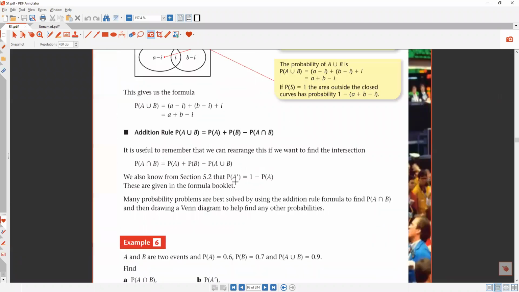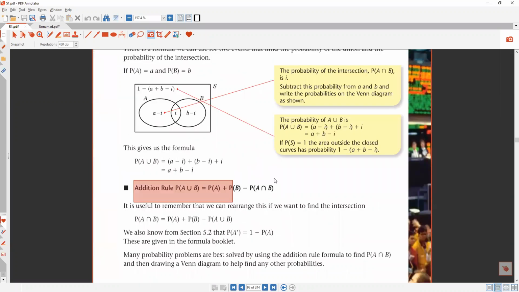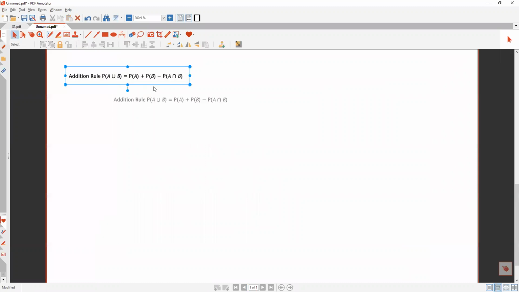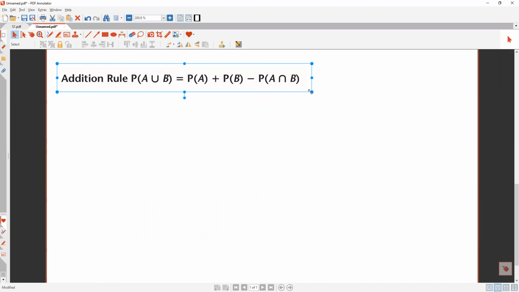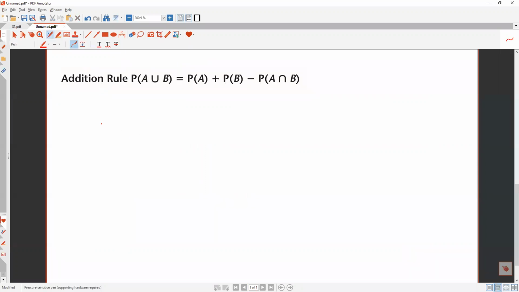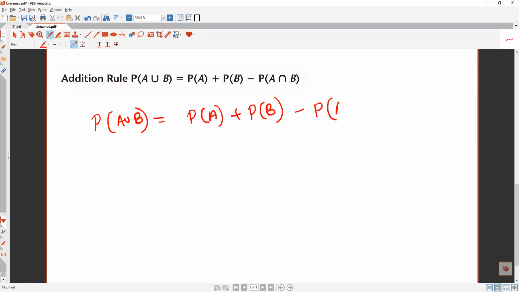Let's continue. Now we are going to learn this formula. This formula you are supposed to know by heart. P of A union B, the probability of A union B, is equal to probability of A plus probability of B minus probability of A intersection B. If you want, you can interchange them.